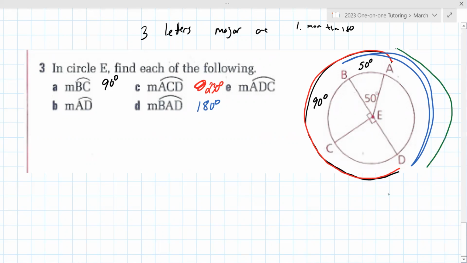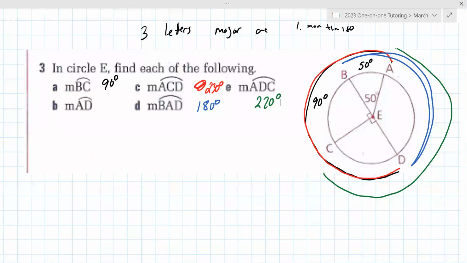A to D to C. So you said 220, 90, and then this one right here, 130. Yeah, it's 220. Very good. All right. Any questions on that?